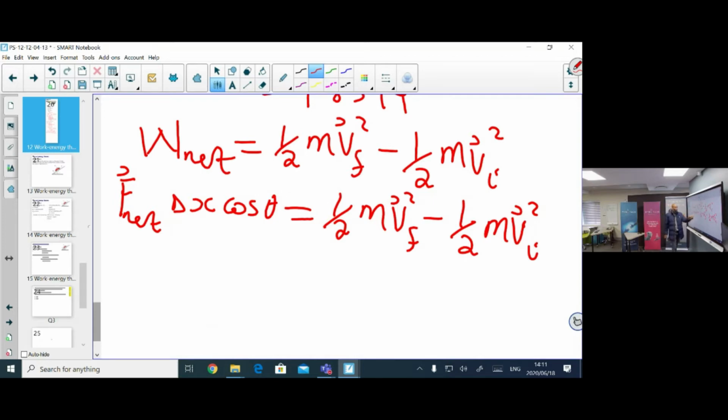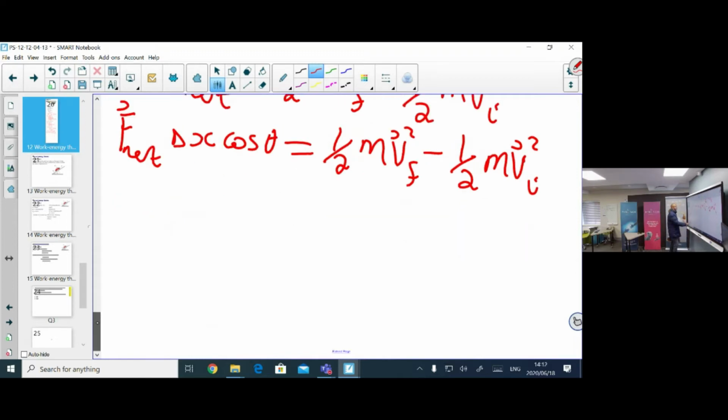And then we have to substitute. We're looking for v final, that is the final velocity. What we can do is make v final the subject of the formula. Therefore, we have the following. Let me make the final velocity, v final, the subject of the formula.